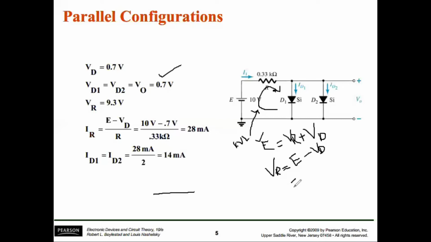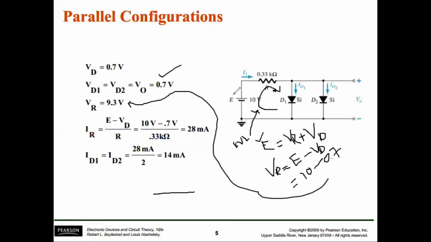Now the value of VR will be equal to 10 minus 0.7, and this value will be equal to this one. Okay, the value of VR is this one.